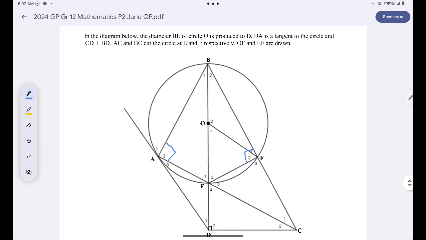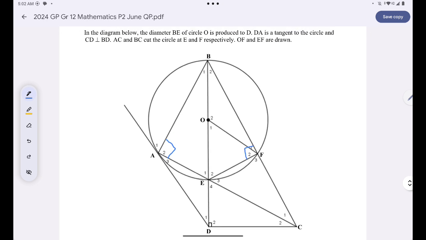For the first theorem I need to focus on the tan chord theorem, and then for the second theorem I need to focus on the tangent and diameter or radius relationship. In this case, our tangent does not meet the diameter or the radius, so that means we will mainly focus on the tan chord theorem. Are you together?